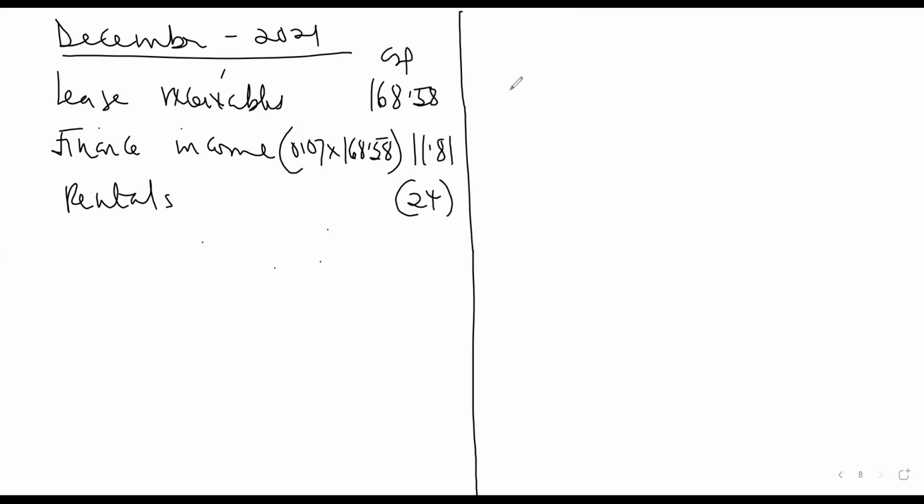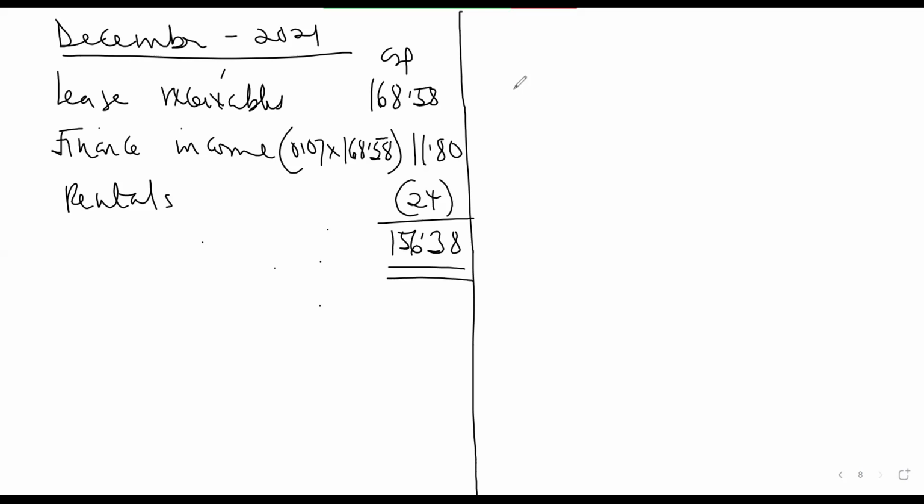So 11.80. What is the remaining figure? 156.38. So this is the lease receivables at the end of the year.